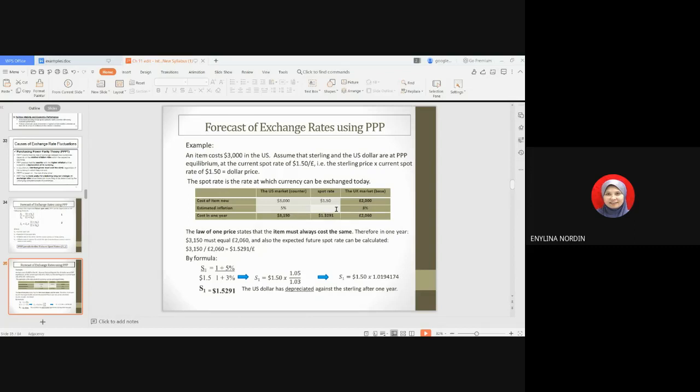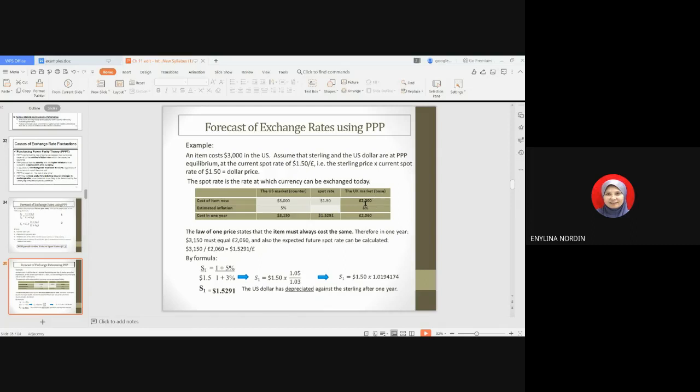If you look at the UK market for the same item, the price which costs $3,000 equals £2,000 using this rate. You convert the $3,000 into pounds, and you will get £2,000.